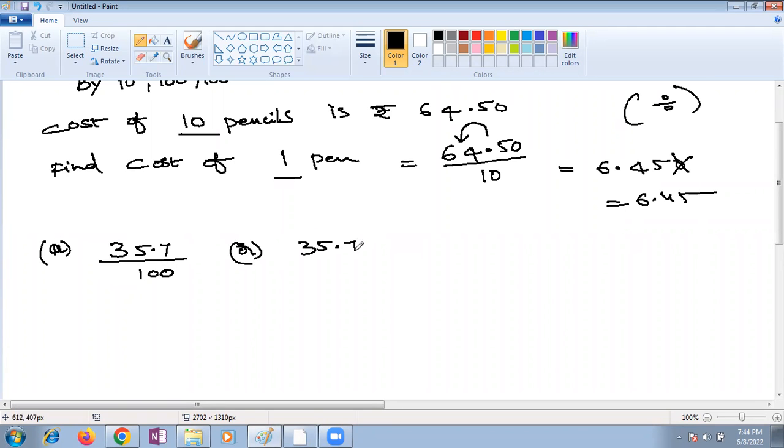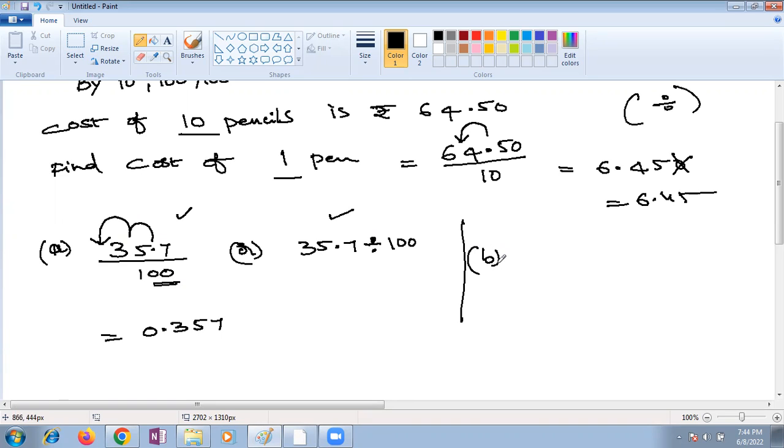Don't confuse, both are the same thing. They can give it either this way or this way. So 10 square means you need to move 2 steps towards the left. Ma'am, 0.357. Very good.